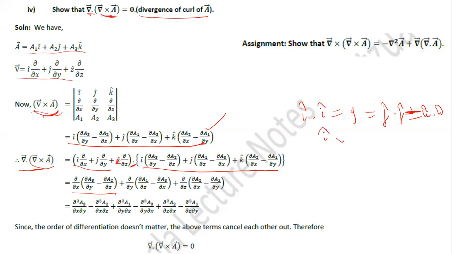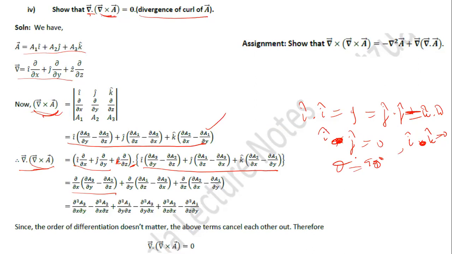However, i dot j is 0 and i dot k is 0, because i, j, and k are orthogonal vectors, pointing along the x-axis, y-axis, and z-axis. The angle between them is 90 degrees, so their dot product is 0, because cos 90 is 0.